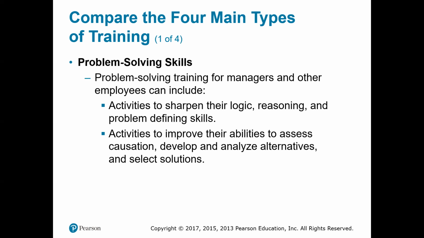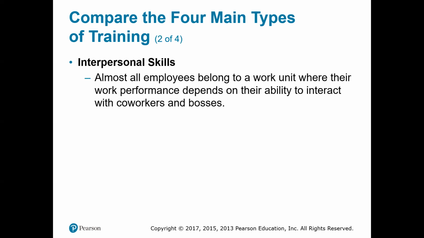And how do people actually mobilize action in implementing solutions to a problem? So all these things are pretty much necessary for every employee, and training towards that effect is definitely useful.